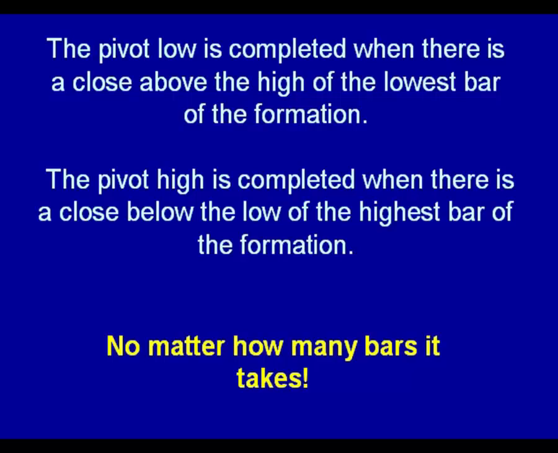You may want to reread that for yourself. The pivot high is completed when there is a close below the low of the highest bar of the formation. And as we've just seen with complex pivots, that holds no matter how many bars it takes.